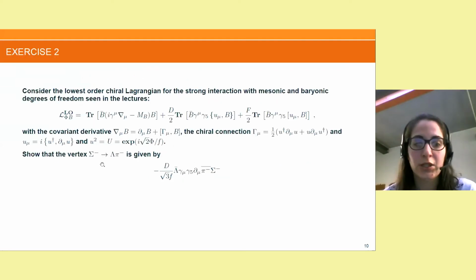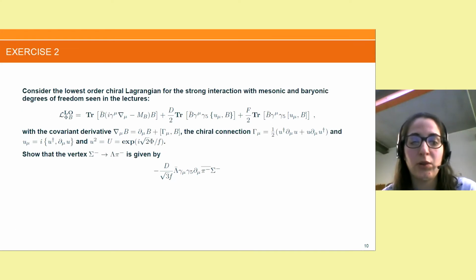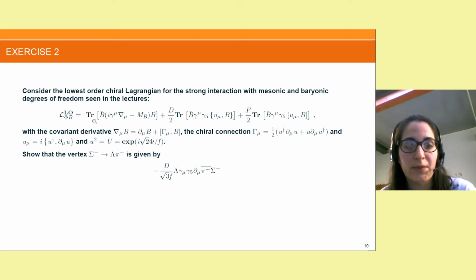Okay. So the second exercise that we are going to solve is to calculate this vertex here, this sigma minus going to lambda pi minus, from the chiral Lagrangian at lowest order. This Lagrangian was given to us in the slides, okay? For the case of the interaction of mesons with baryons, we can see that there are some B fields that are the baryon fields, okay?